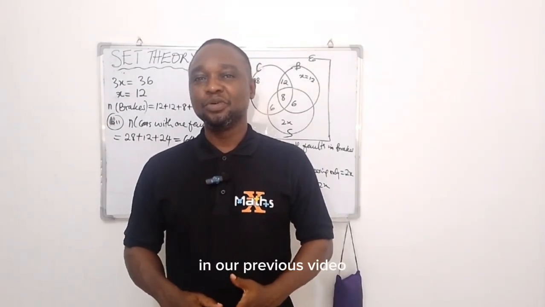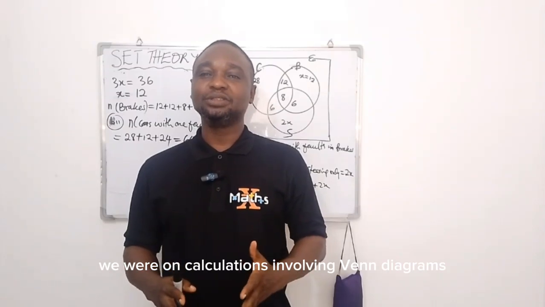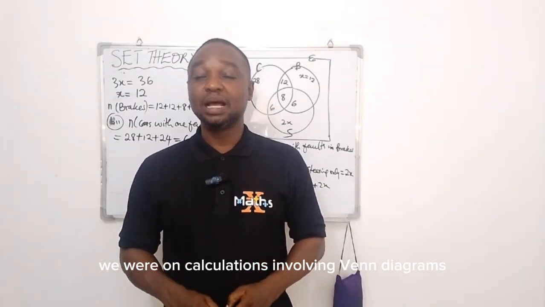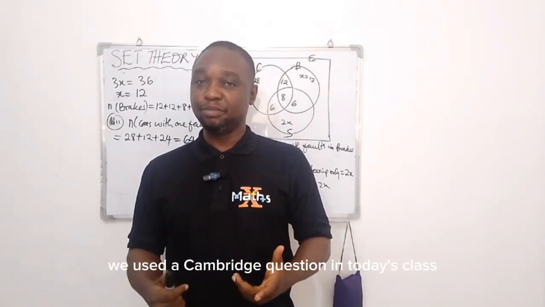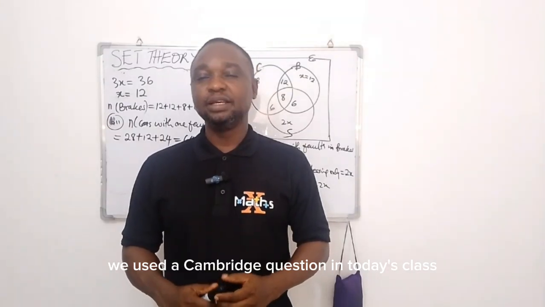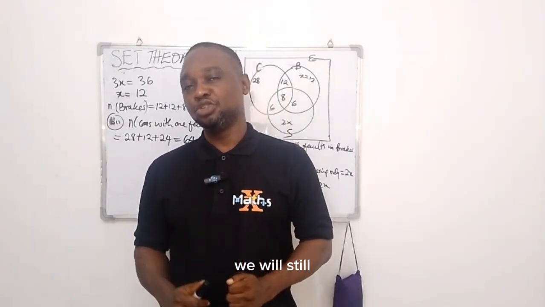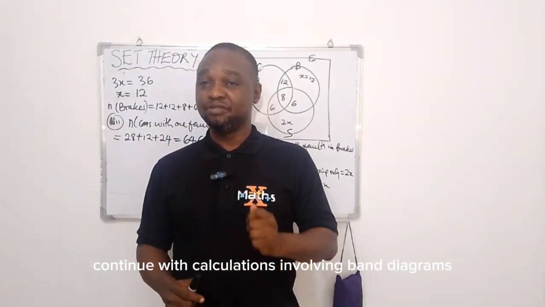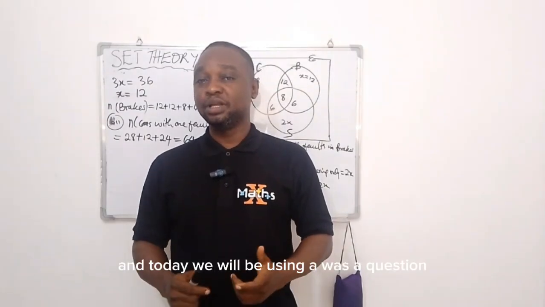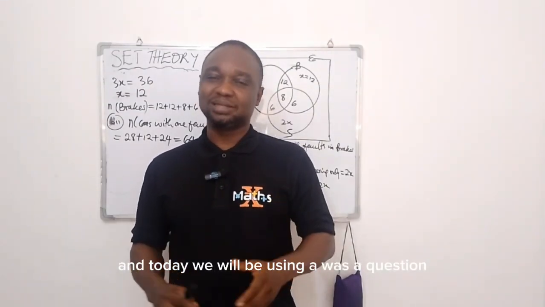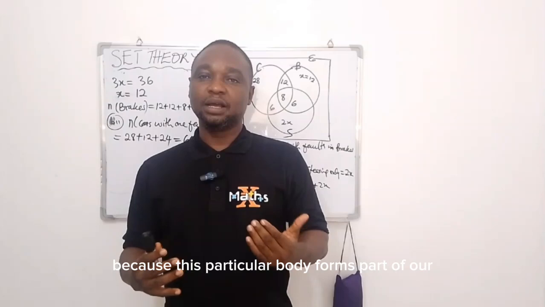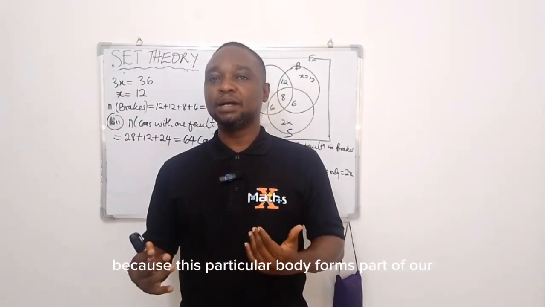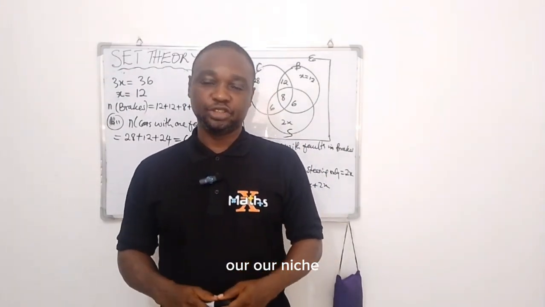In our previous video, we were on calculations involving Venn diagrams, and in that class, we used a Cambridge question. In today's class, we will still continue with calculations involving Venn diagrams. Today we will be using a WAEC question because this particular body forms part of our niche.